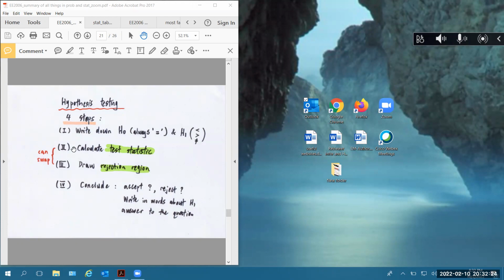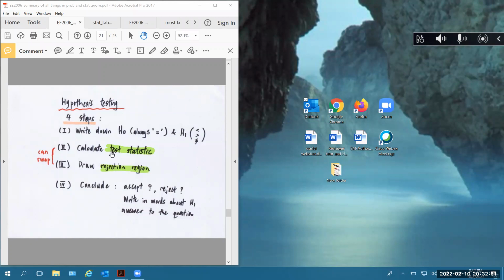And then the second step, we'll calculate the test statistic. Different tests have different test statistics. And then we'll draw the rejection region. Then we see whether the test statistic from step 2 falls in the rejection region. If it falls in the rejection region, that means we reject H0.